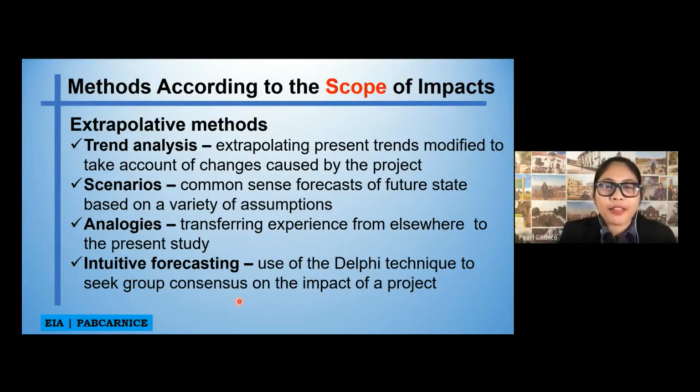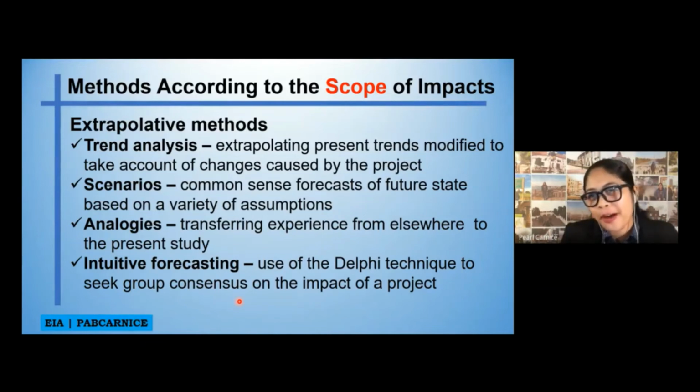And then from that, you identify or tally which impacts would tend to have a more probability of existing after the activity will be implemented.